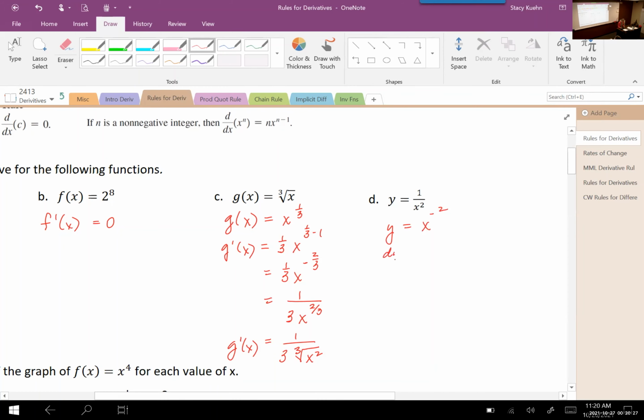So dy dx is going to be -2 x to the what power? -3. Or in other words, -2 over x cubed. All right.